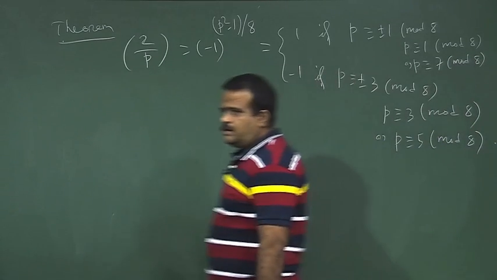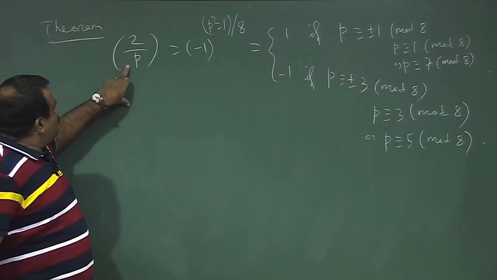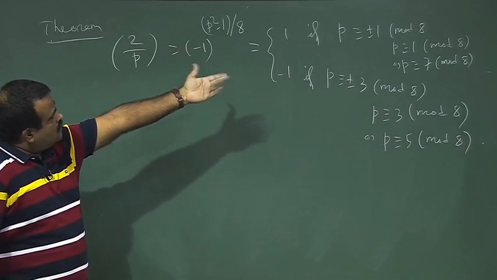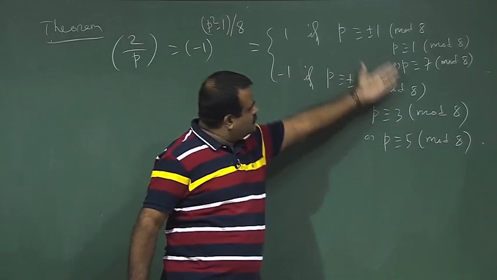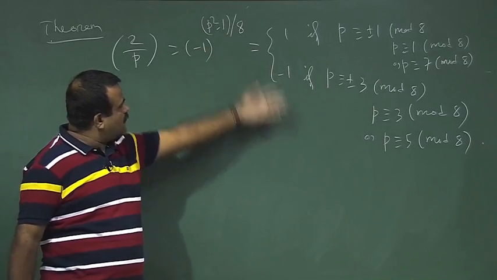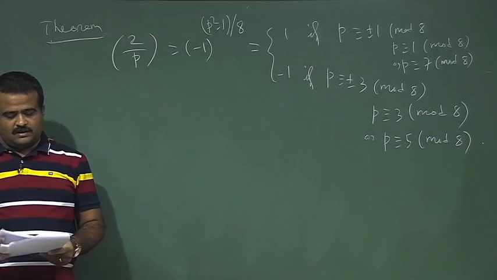This theorem can also be proved. It is telling us that (2 by P) is minus 1 to the power of this. So if P is of either of these forms, we just put the value of P here and we will get either 1 or minus 1.